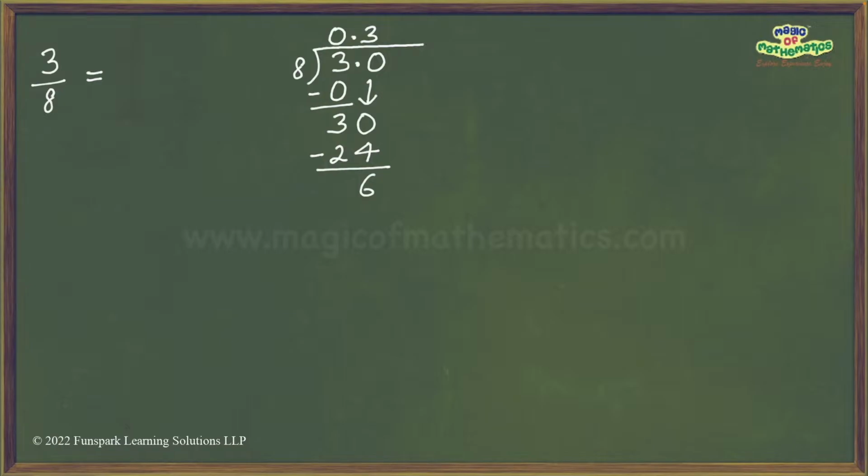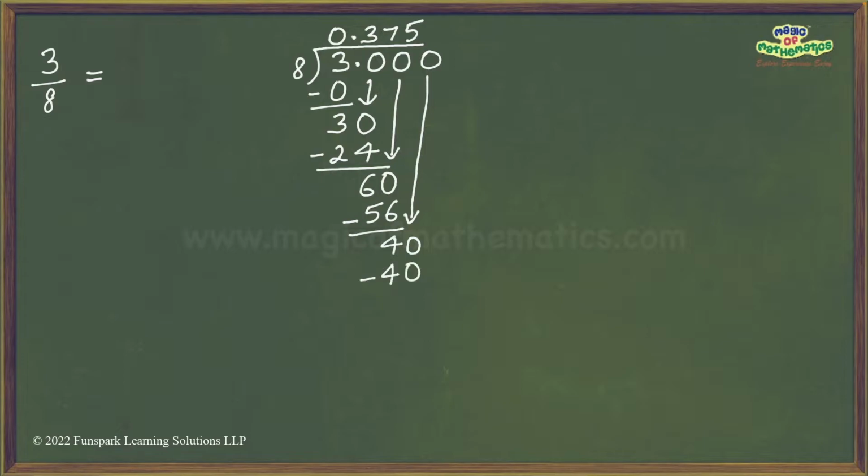I put a 0 again and bring it down. 8 times 7 is 56. 60 minus 56 equals 4. I put a 0 again and bring it down. 8 times 5 equals 40. 40 minus 40 is 0 and I am done.